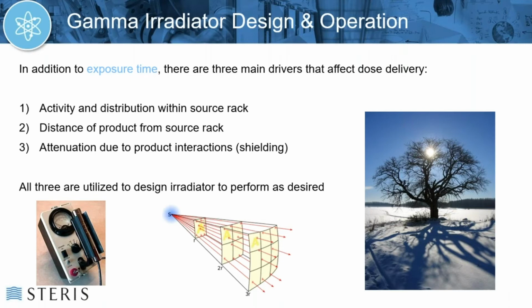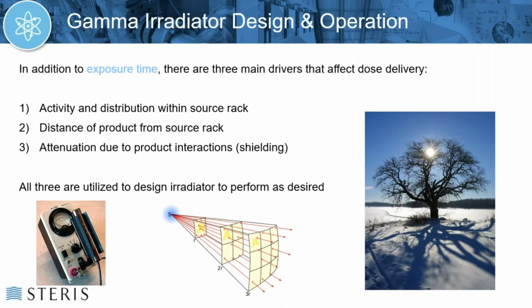Consider the sun casting a tree shadow on the ground. The tree, which we can consider maybe another customer's product, blocks the sun's radiation, the light and heat. The sun is analogous to the cobalt-60 source. It will block light and heat on certain parts of the ground, which will make those spots cooler.